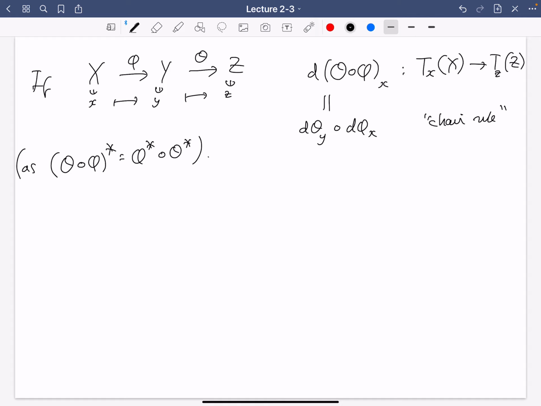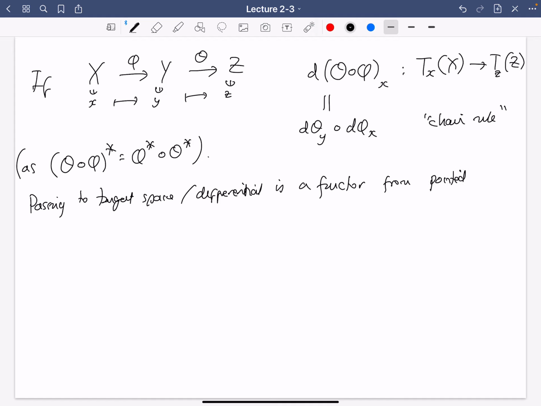In fact, passing to tangent space, or taking differential on objects or morphisms, is a functor. That's what this checks. I guess it's from pointed affine varieties to vector spaces.